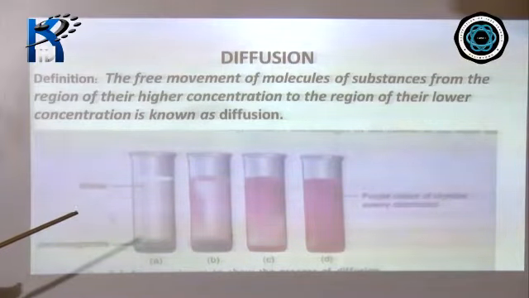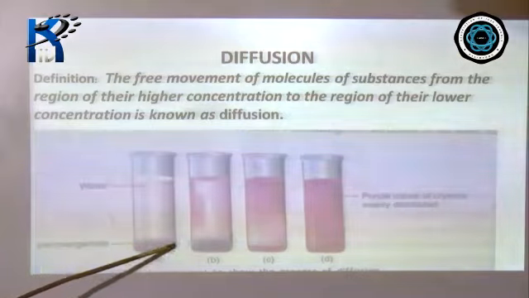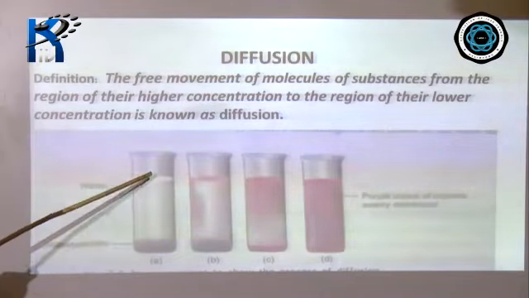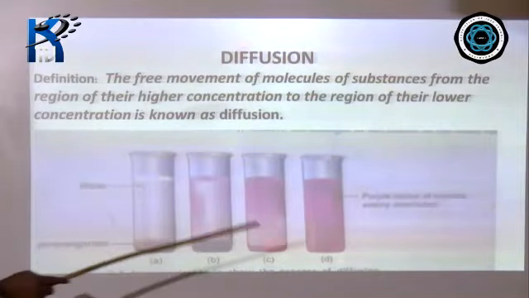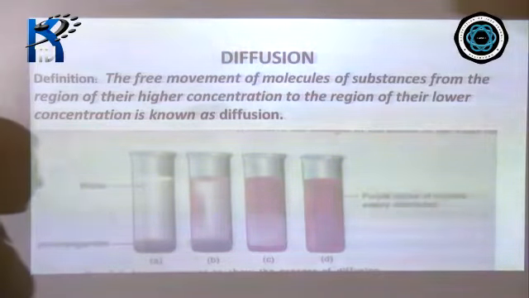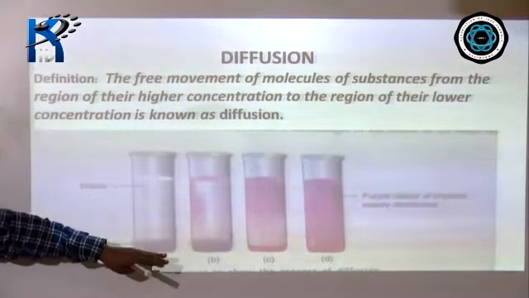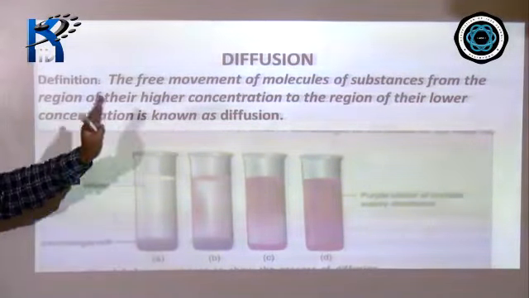That means the molecules are evenly distributed. It is not that the lower part you will find a darker color, the middle part fainter, and the upper part no color. You will not find it. You will find the whole solution turns purple, depending upon what color you have taken. So here what is happening? The molecules are moving from higher concentration to lower concentration.